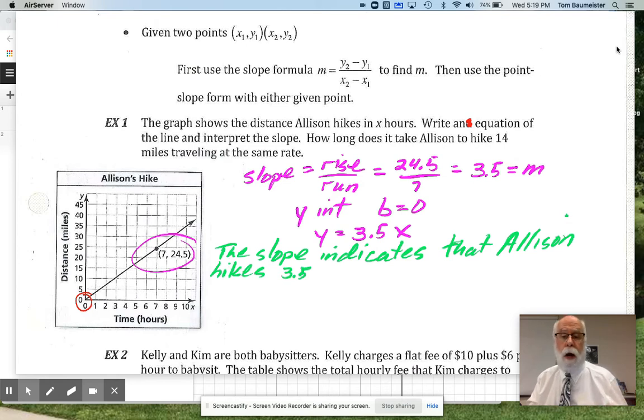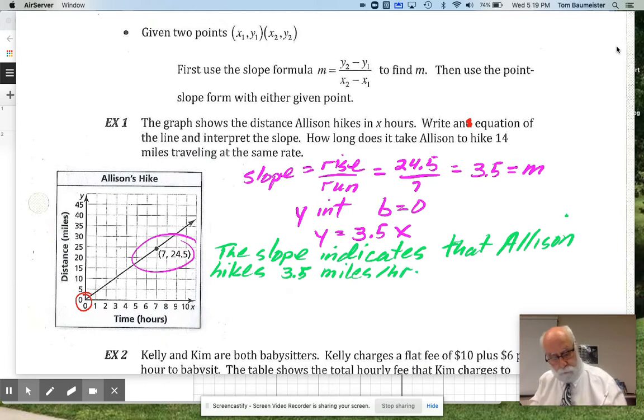Again, our y direction was miles, and our x direction is hours. So she walks 3.5 miles per hour.